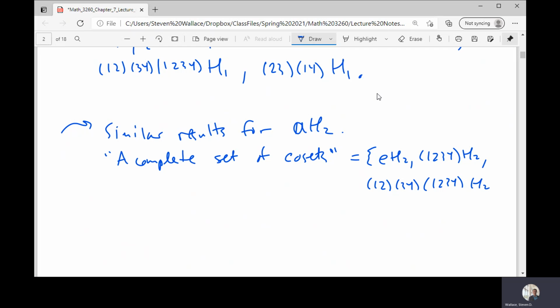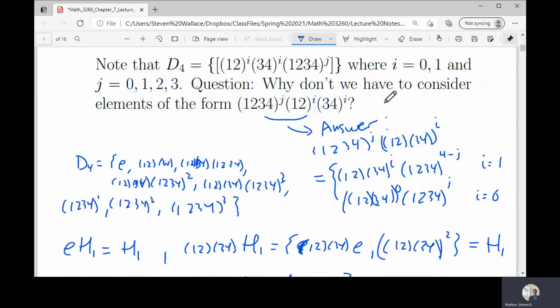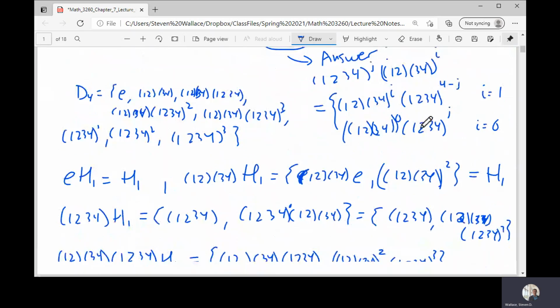And I'm not so sure, but maybe this could be right. Okay. I can check. Let's see. This times the identity is just this again. This times, what do we got here? 1, 3, 2, 4.